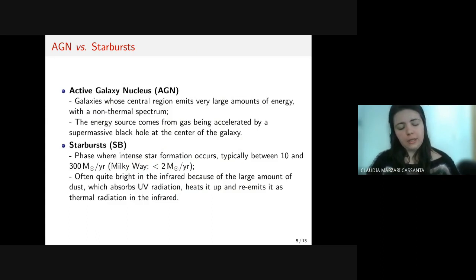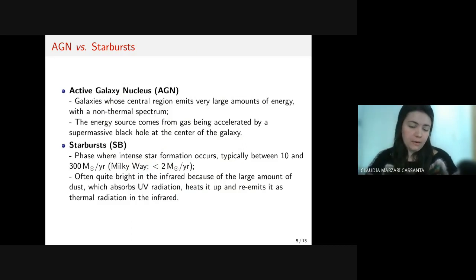Starbursts are not a type of galaxy, a class of galaxy, but a phase which galaxies can pass through where intense star formation occurs, typically between 10 and 300 solar masses per year.